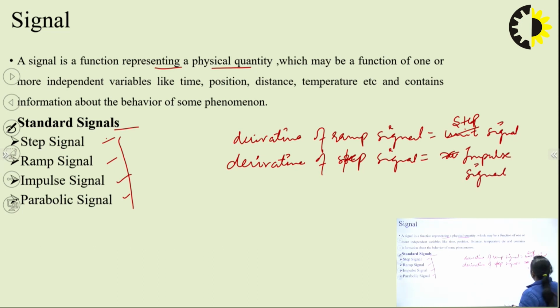Okay, one point is this. Looking at the opposite, the integral of step signal will be equal to the ramp signal, and the integral of impulse signal will be equal to the step signal.